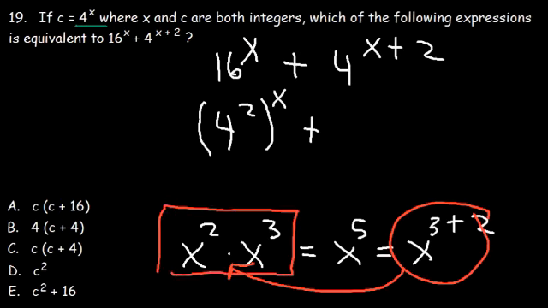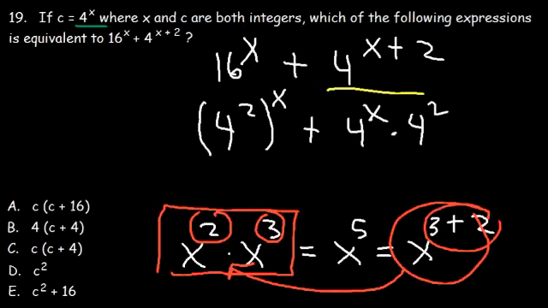So therefore, if x raised to the 3 plus 2 power is equal to x squared times x cubed, then 4 raised to the x plus 2 power is the same as 4 to the x times 4 squared. Because when you multiply common bases, you can add the exponents. We can add x and 2 to get x plus 2 if we go backwards.